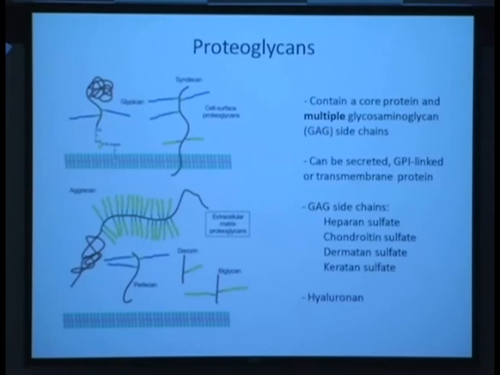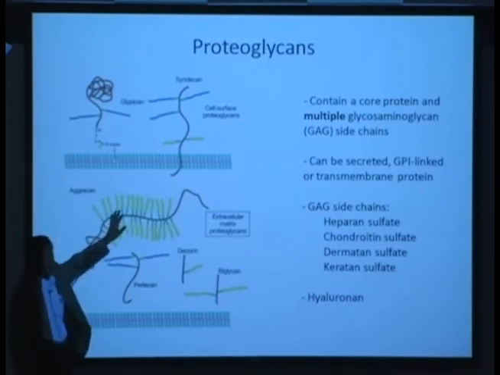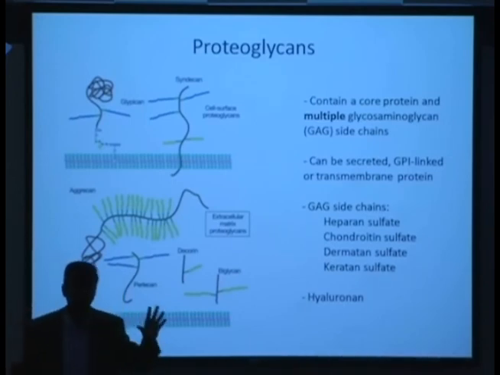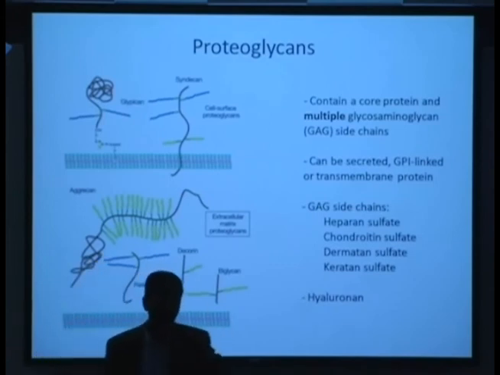Aggrecan, even though it's not shown here, has chondroitin sulfate and also keratan sulfate. Of course, keratan sulfate is not as big as chondroitin sulfate, but it has both chondroitin and keratan sulfate. Perlecan has only HS, and then decorin has CS. So some proteoglycans have both HS and CS, and aggrecan has both CS and KS.